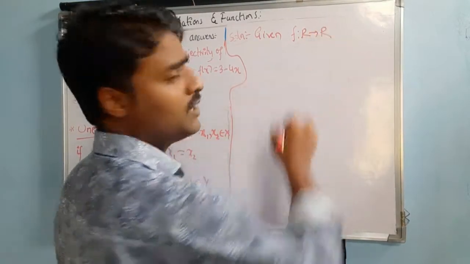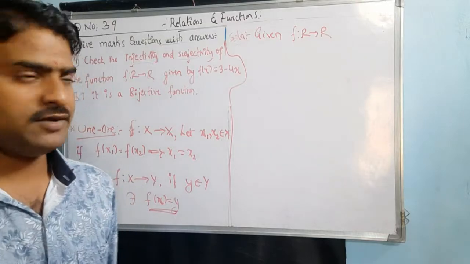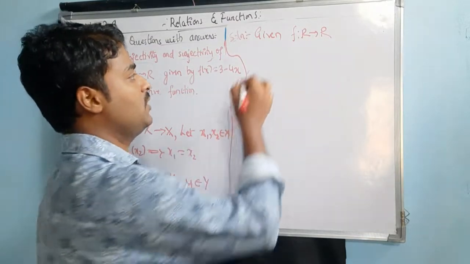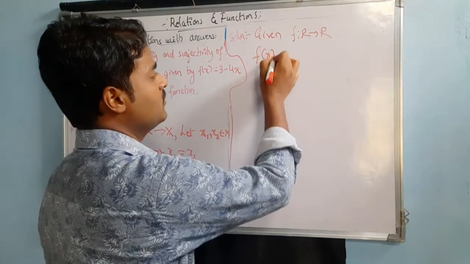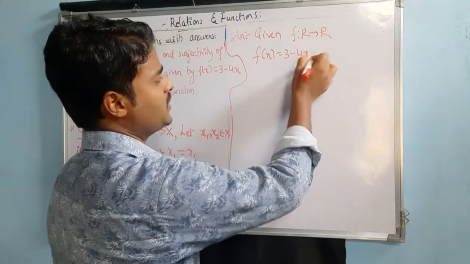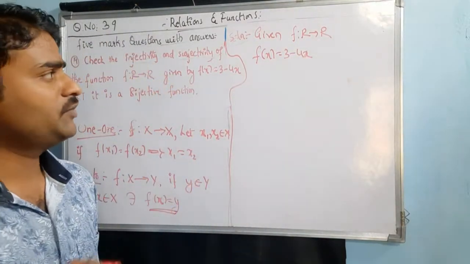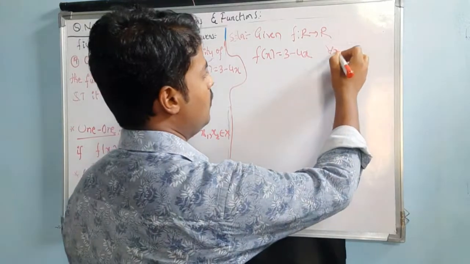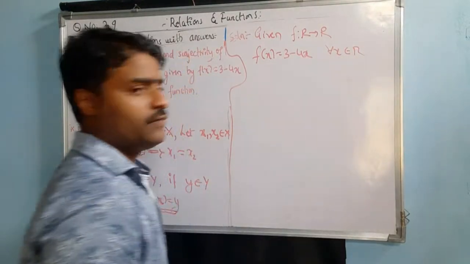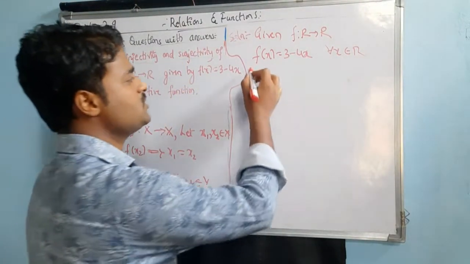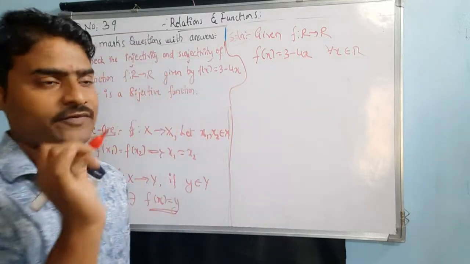The function ಅನ್ನು real number to real number define ಮಾಡೋದು. So f of x is 3 minus 4x. f of x is nothing but 3 minus 4x for all x belongs to r. So this is given, f of x is the given function.